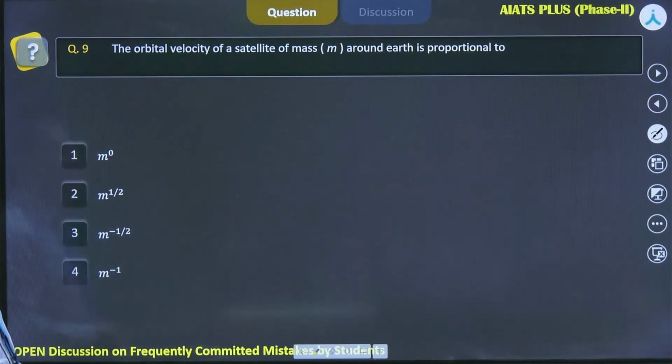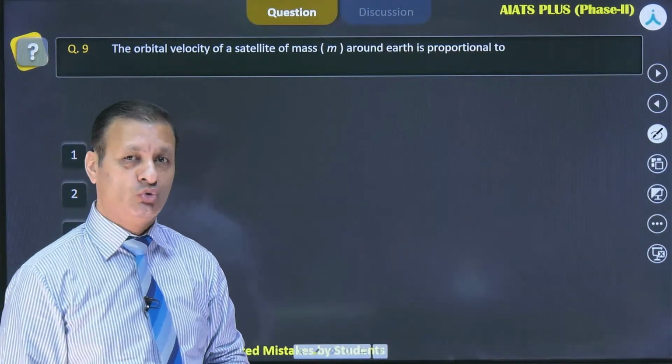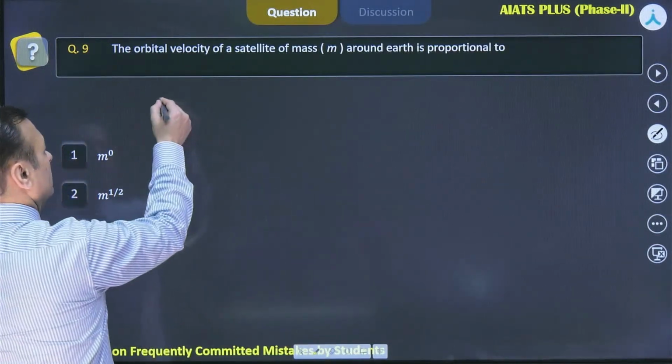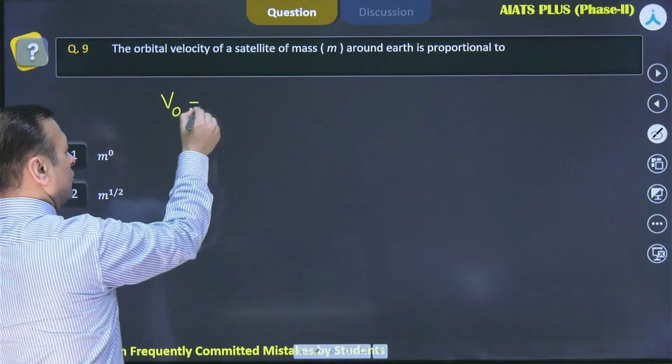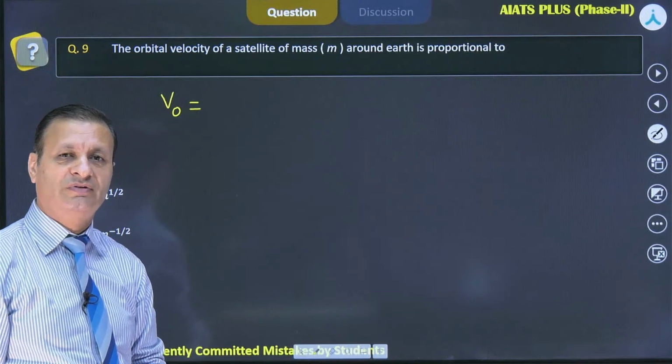The orbital velocity of a satellite of mass m around Earth is proportional to... It's quite easy. So what is the expression for the orbital velocity? Can any one of you give me the expression for this?